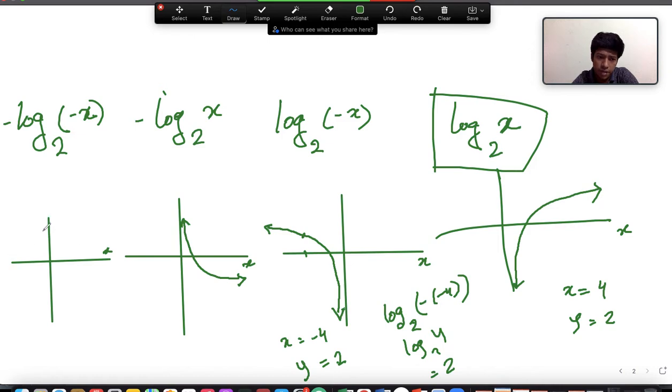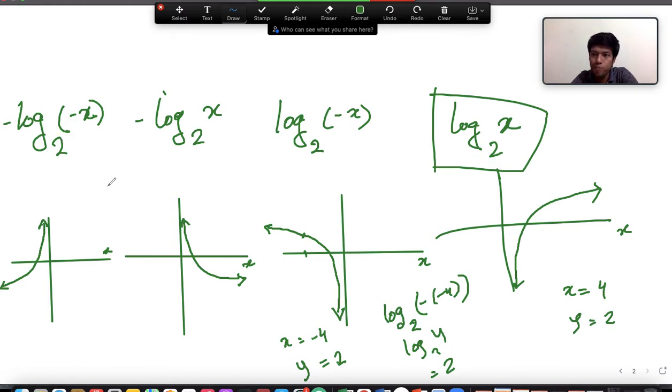Now we will reflect it about the y-axis, then it should give us the solution. Kind of this graph, kind of this one, because there is double minus, so there will be double reflection. One time reflection about x, another time reflection about y.